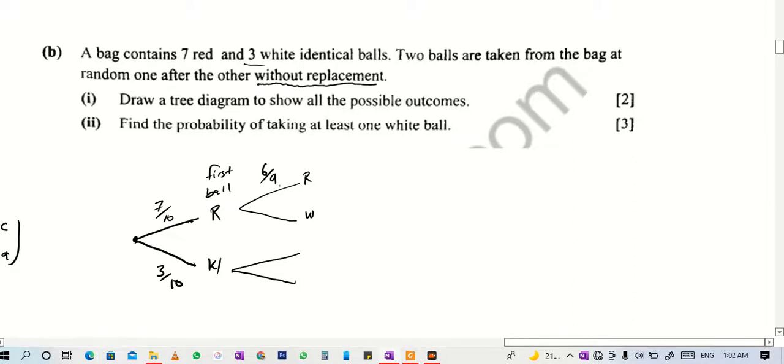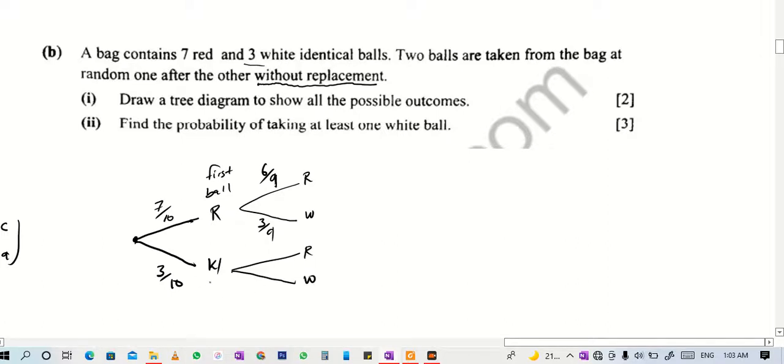And then if the first ball is red and the second one is white, the probability will be 3 over 9, because we haven't drawn any white ball. So red, white.